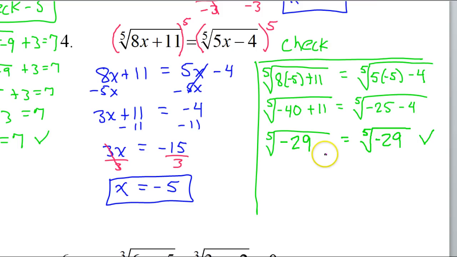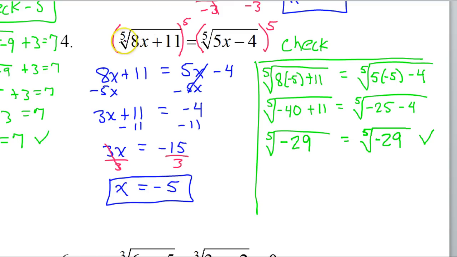But let me just make something very clear to you. If these had been, let's say, the fourth root instead of the fifth root, this would be no solution right now, because you can't take the fourth root of a negative number. So because it happened to be an odd power, we can go ahead and say, oh, yes, this is the answer.